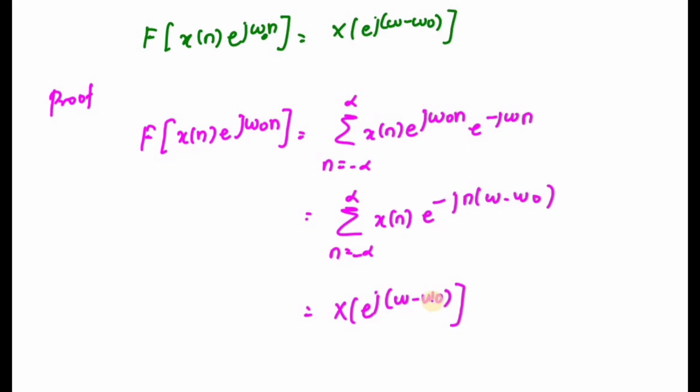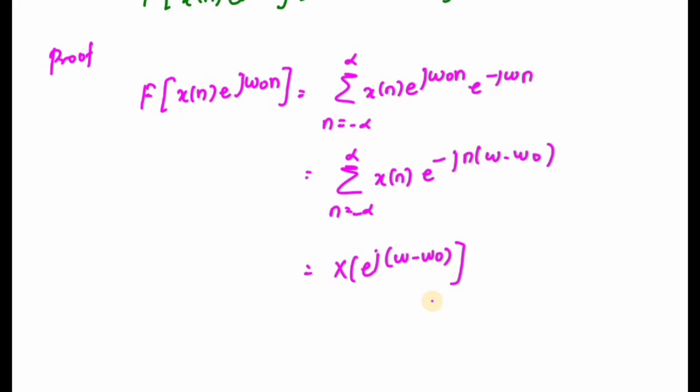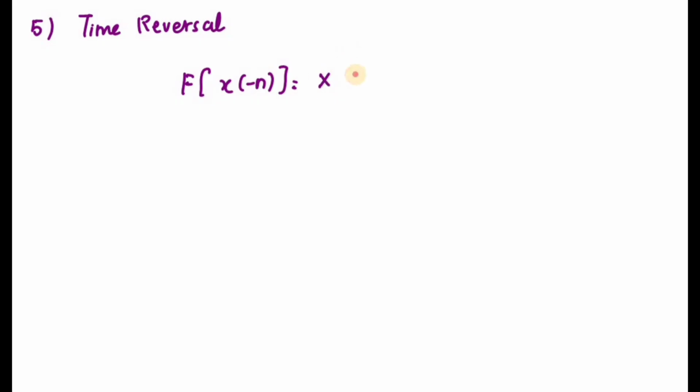So this is about frequency shifting. Next one is time reversal. The Fourier transform of x of minus n is equal to X of e power minus j omega.